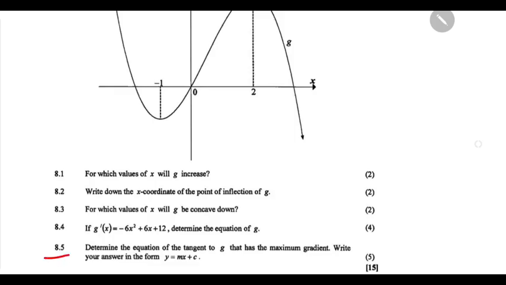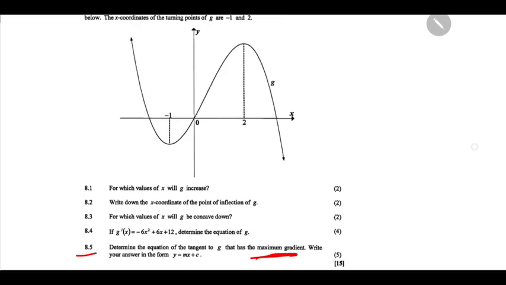We need to find the equation of the tangent that has the maximum gradient. When we talk about the maximum gradient of tangent, that will be on a negative cubic graph, and this is the negative cubic graph. So that will be at the point of inflection, and the point of inflection we have here is x = 1/2.